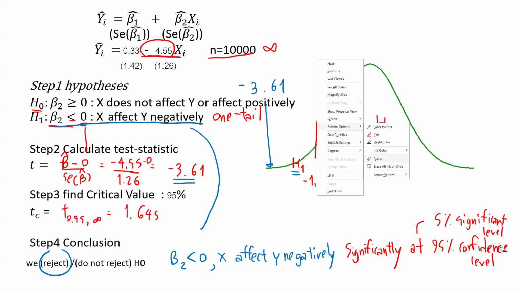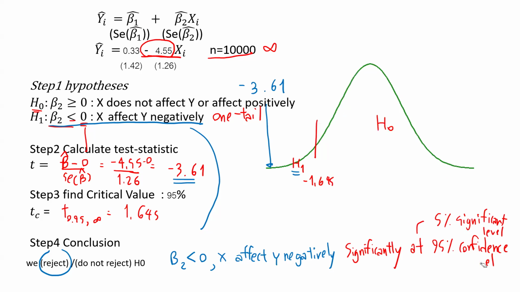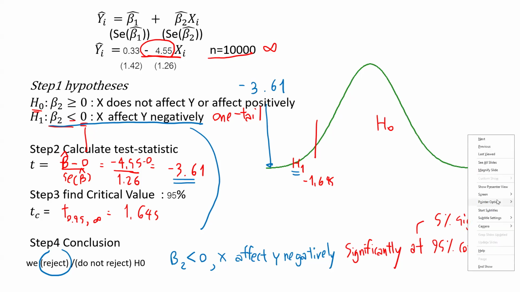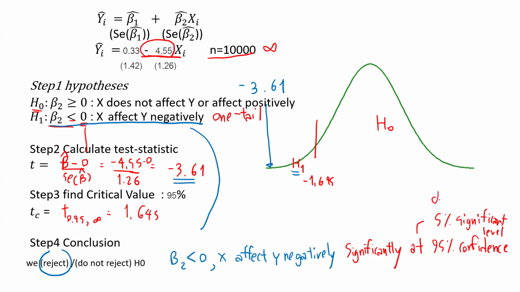Maybe 95% confident, not level. And 5% significance level, or alpha equals 0.05. You can write any of those phrases. Do not write them all, just one of them.